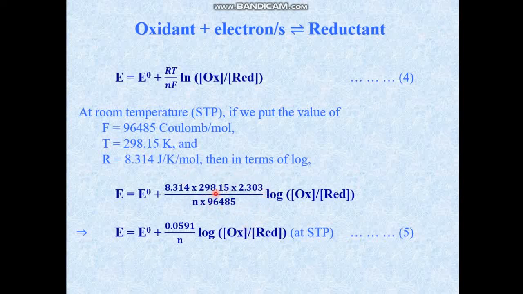So the overall result of this multiplication and division is 0.0591, and N is in the denominator.